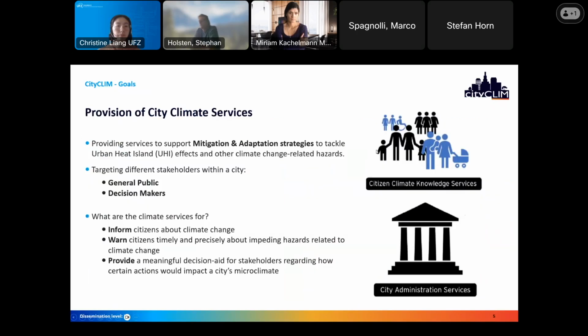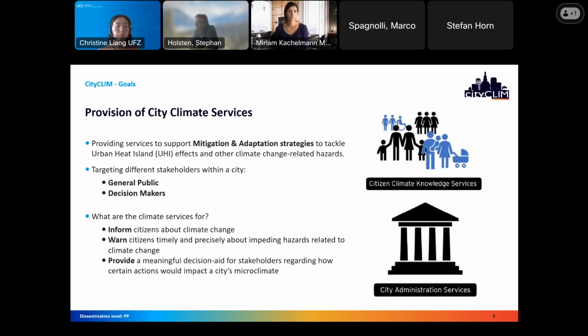The main goal of our project is to provide services, so-called city climate services, and you will see some aspects and more details of these services in this webinar. They should support mitigation and adaptation strategies to tackle the urban heat island effect.